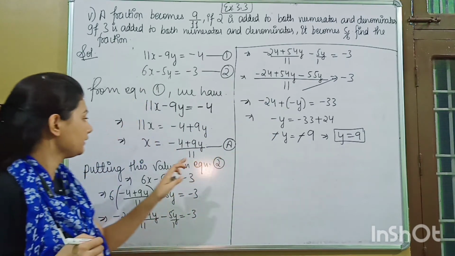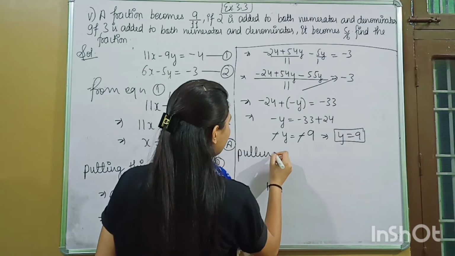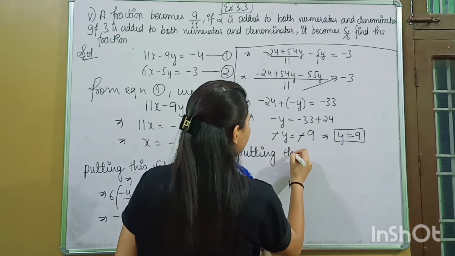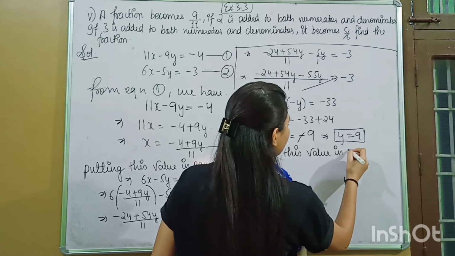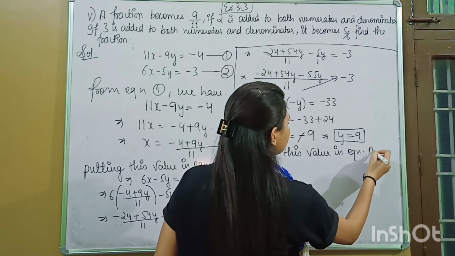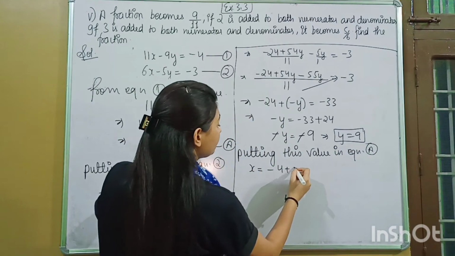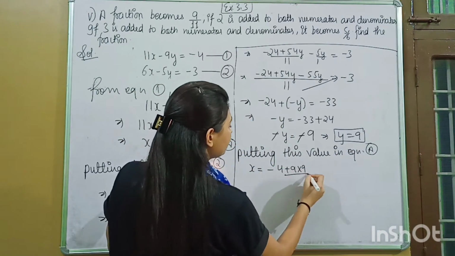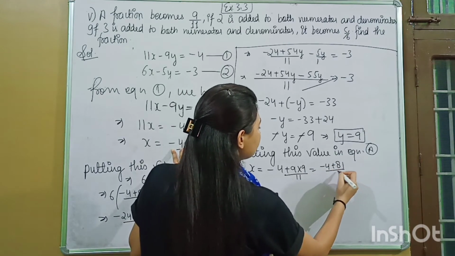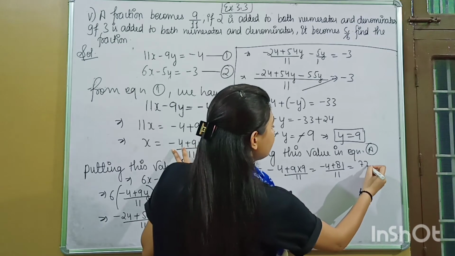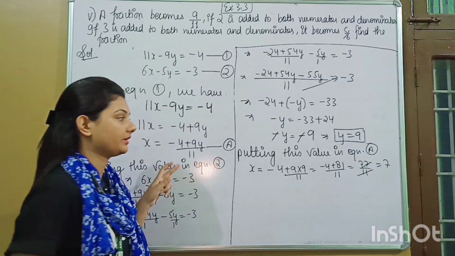We will put this value of y in equation A and we will take out the value of x. Putting this value in equation A, so x is equal to minus 4 plus 9 into 9 by 11, that is minus 4 plus 81 by 11, that is 77 by 11, and the value of x is 7.